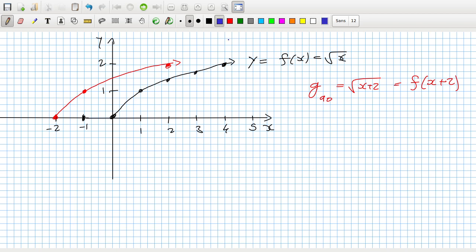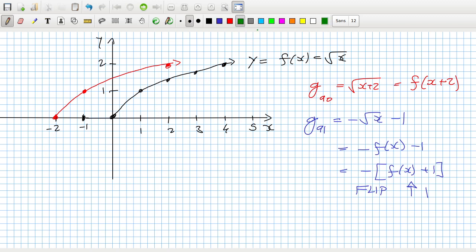And then G91 equals minus root x minus 1. That would be minus f of x minus 1. So this is: rise it up by 1 unit and then flip it upside down.